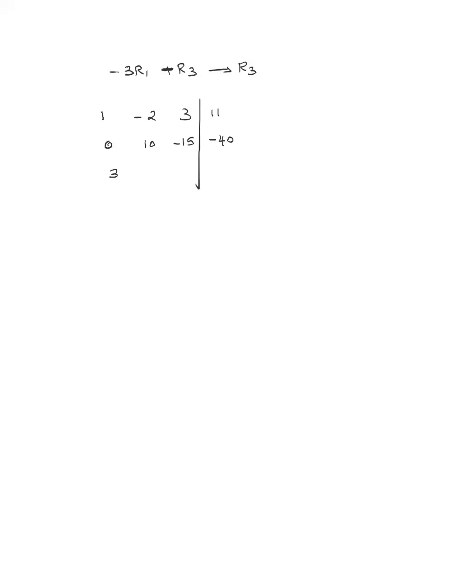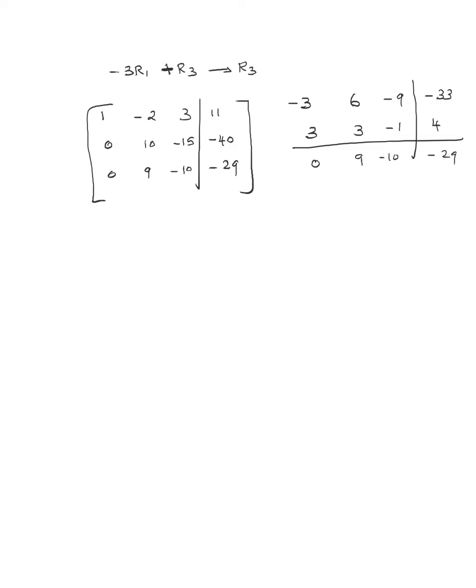And then for row 3, -3 times row 1 gives -3, +6, -9, -33. Then you add with 3, 3, -1, 4. So we get 0, 9, -10, -29. That is going to go to the last row.